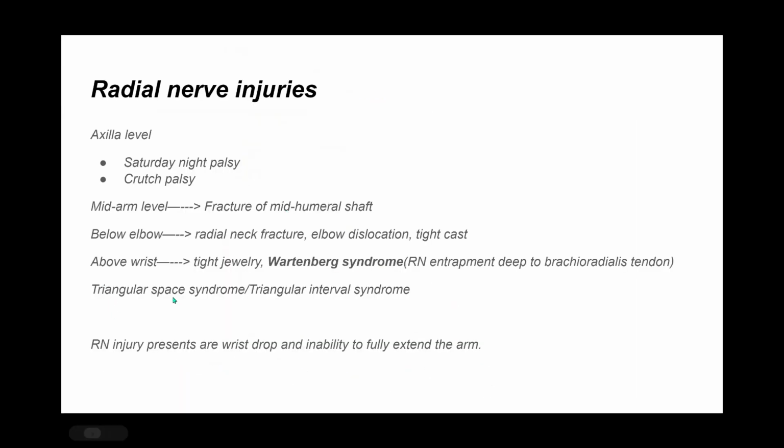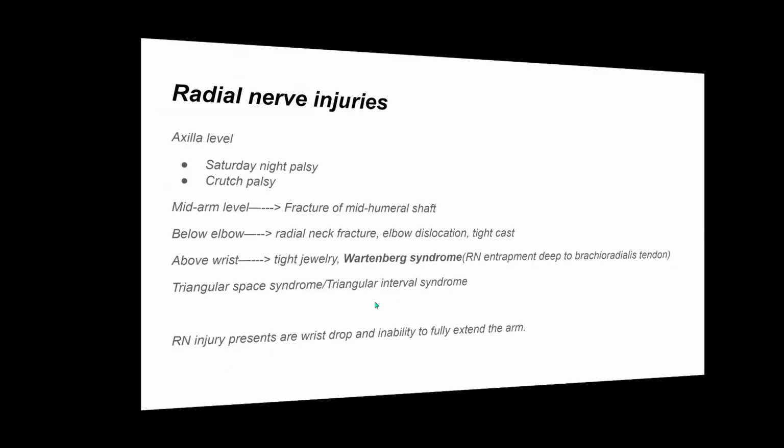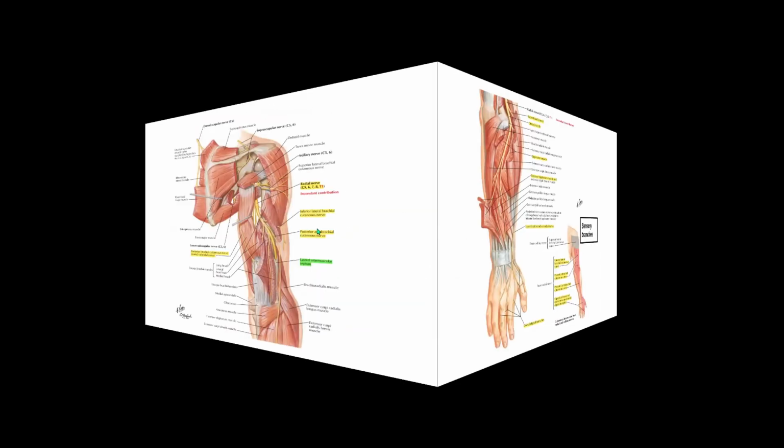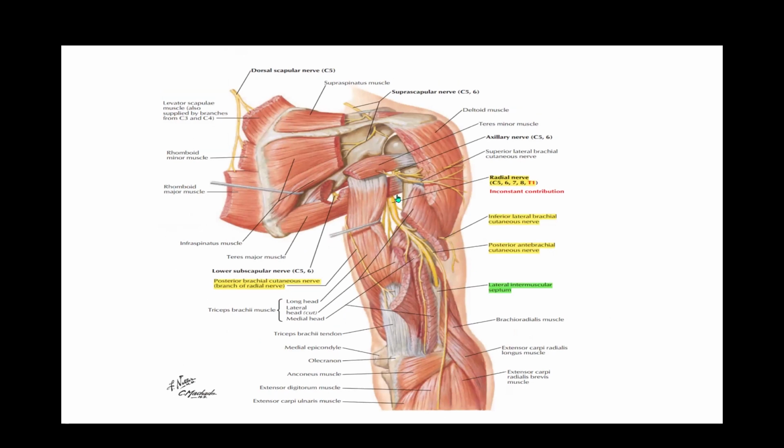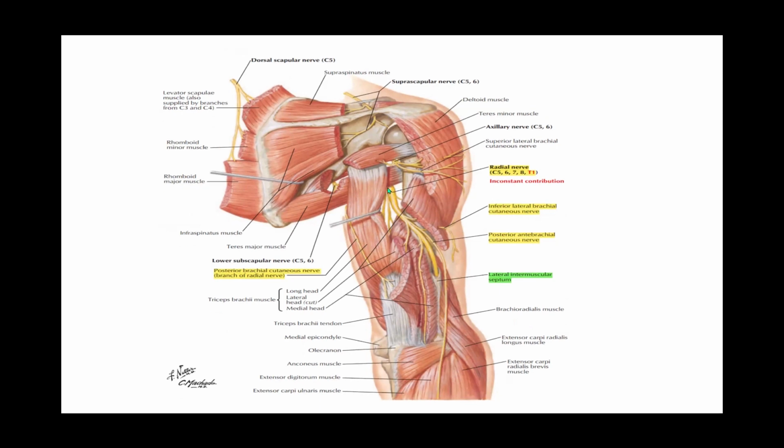There's something called the triangular space syndrome or triangular interval syndrome. This is simply when the radial nerve gets entrapped within the triangular space as it exits from the axilla into the posterior compartment of the arm. So anything that causes a narrowing of this triangular space, maybe hypertrophy of your triceps or of your teres major muscle, anything that narrows the space, can compromise your radial nerve.